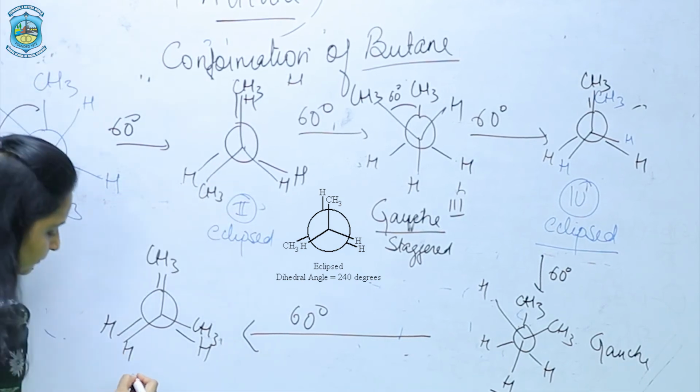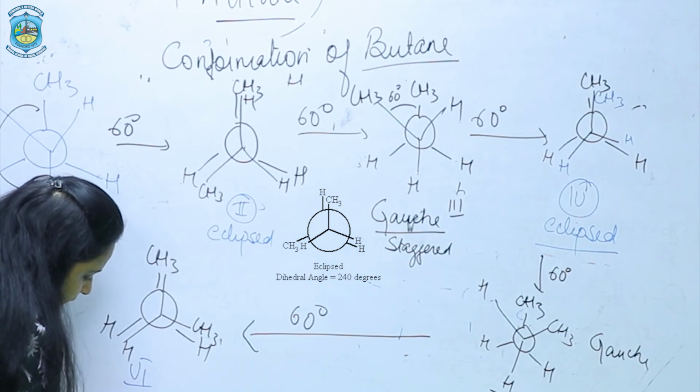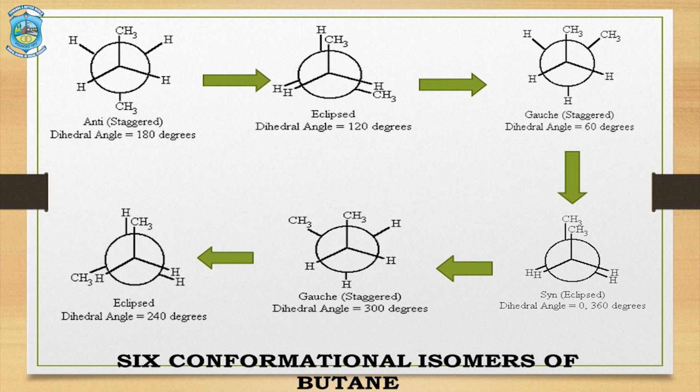So, this is our sixth structure which is called eclipsed structure, and again rotating by 60 degrees, I will get back to the structure with which we started. So, total rotation we have done is 360 degrees, and in this rotation I have obtained 6 intermediate structures by simply keeping the back carbon fixed and front carbon rotating.